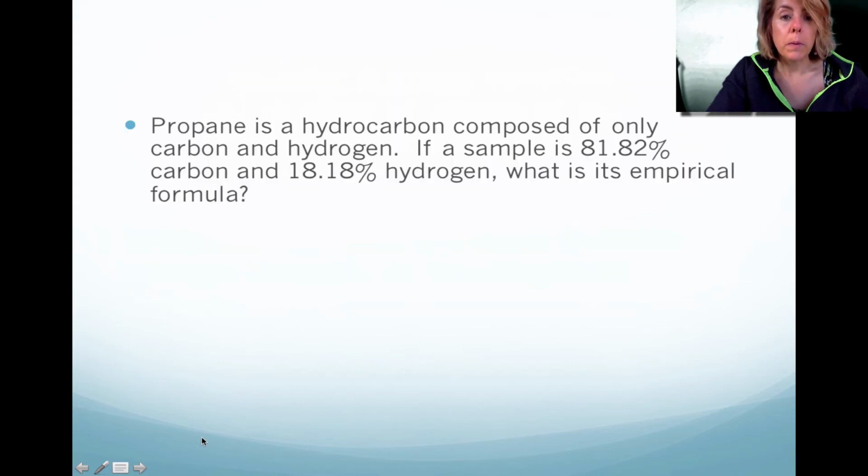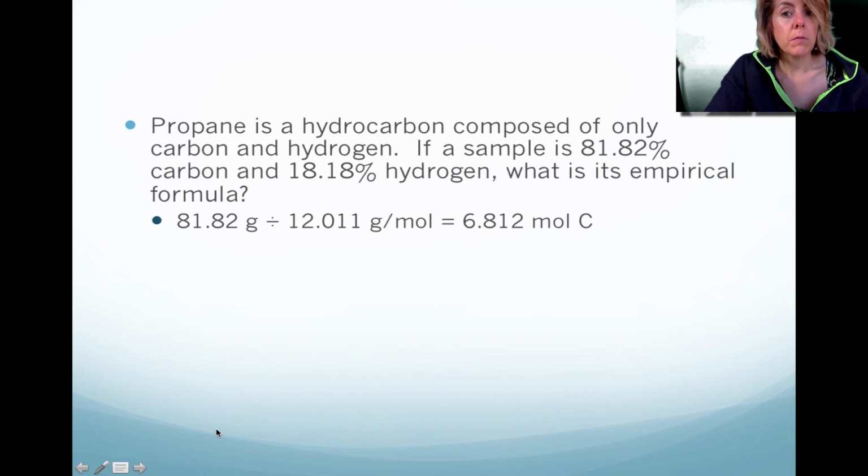So for instance, propane. Propane is something that you find maybe in a gas grill. It's composed of just hydrogen and carbon. So they noted that 81.82% is carbon and then the rest is hydrogen. We're going to assume that we have a 100 gram sample and we're going to multiply the decimal of the percent by each to figure out the empirical formula.